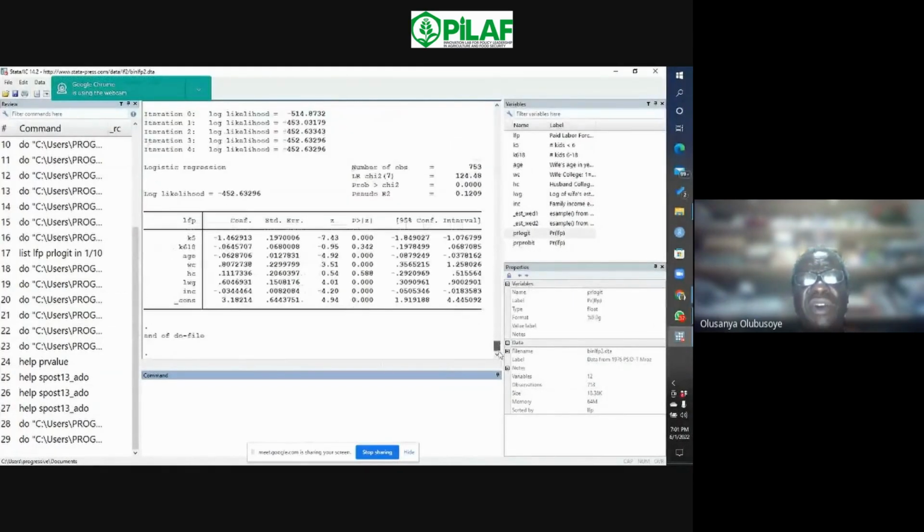You can quickly compute it. Take for instance K5 here. The coefficient is minus this. So if I type display exponent of, let me put this value here, minus 1.46.